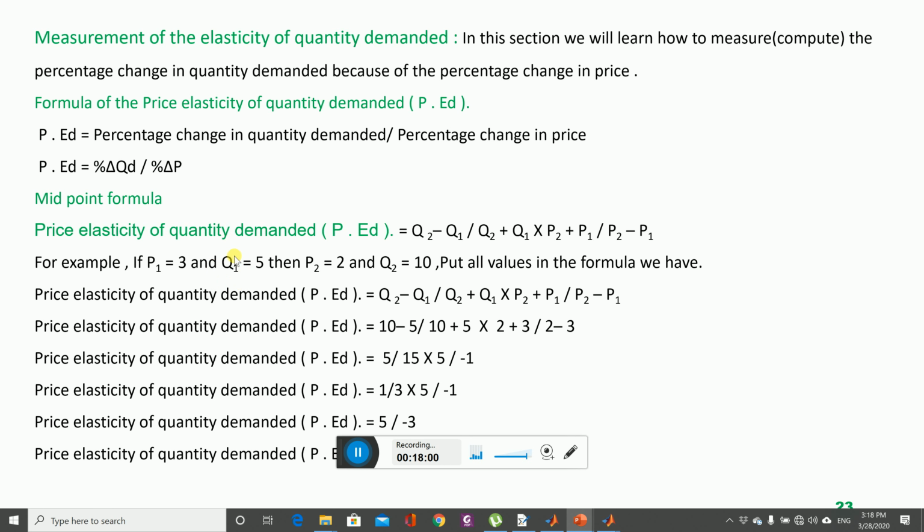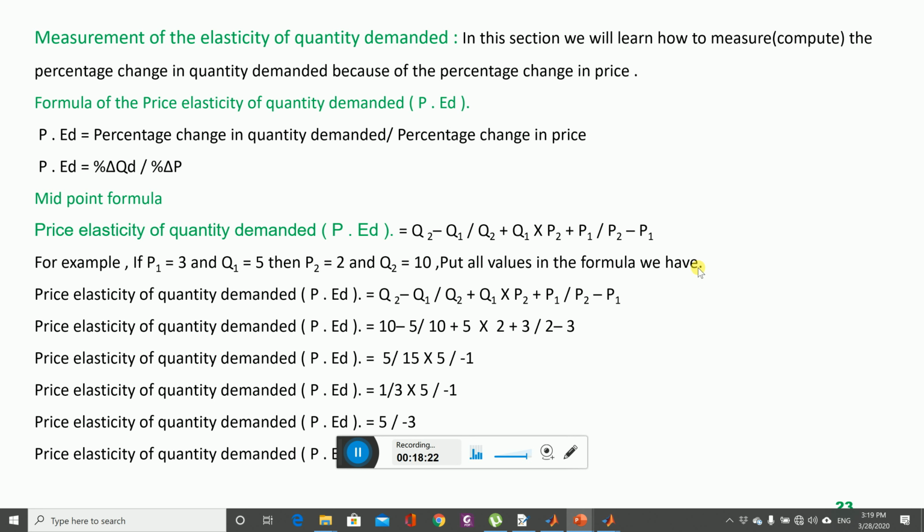The first quantity demanded, Q1, is 5. Now the second price of the same commodity decreased from 3 to 2, so the second quantity demanded by the public, Q2, is 10. When the price decreased from 3 to 2, demand increased from 5 to 10.